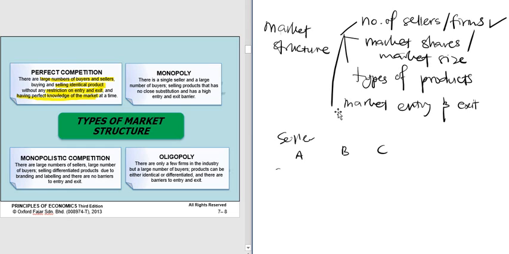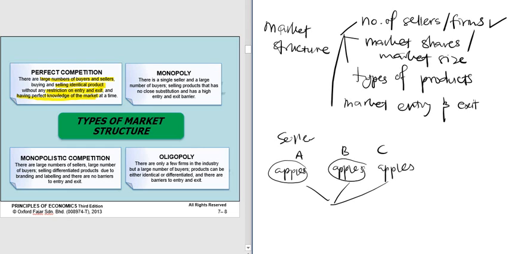Let's say they are selling apples. Seller B is also selling apples. Seller C is also selling apples. Consumers cannot differentiate between the three products because they are basically the same. Assuming they are selling the same type of apple with the same quality, because they get it from the same supplier.